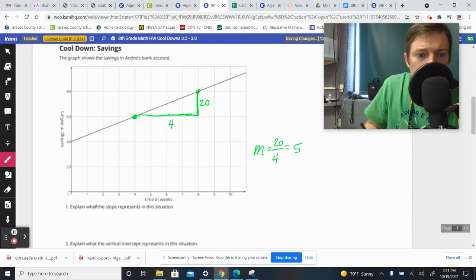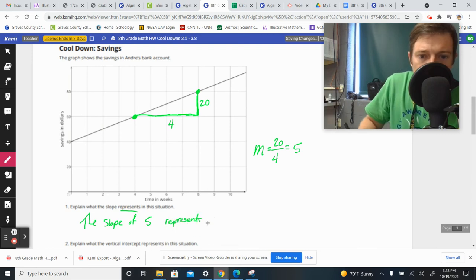And the question is, explain what the slope represents in this situation. Well, the slope of 5 represents Andre increasing, because it's going up, increasing his account by $5 each week.